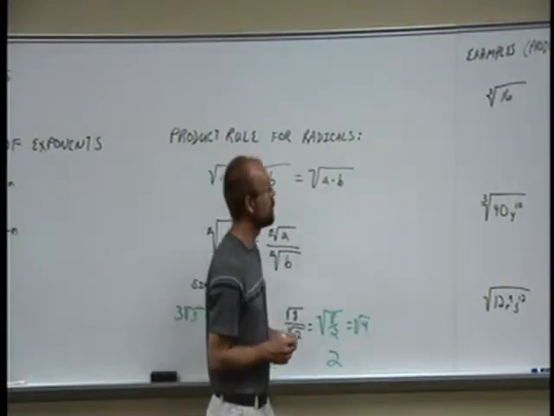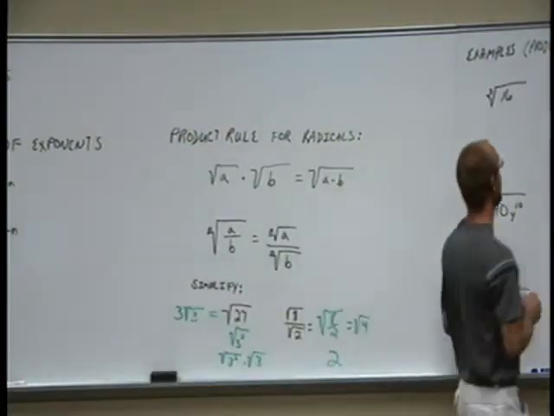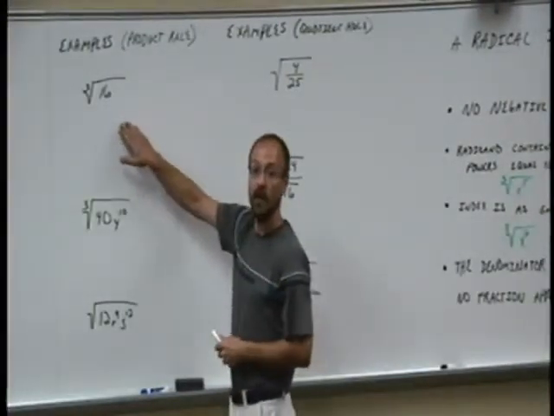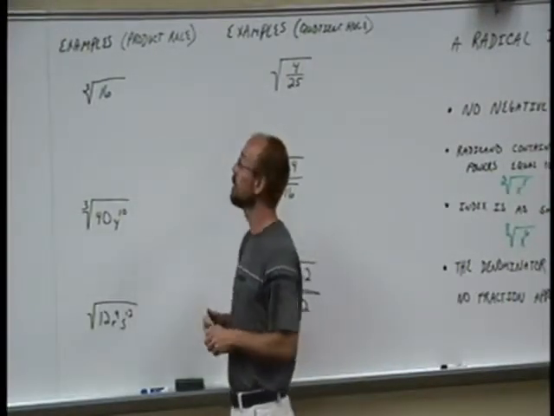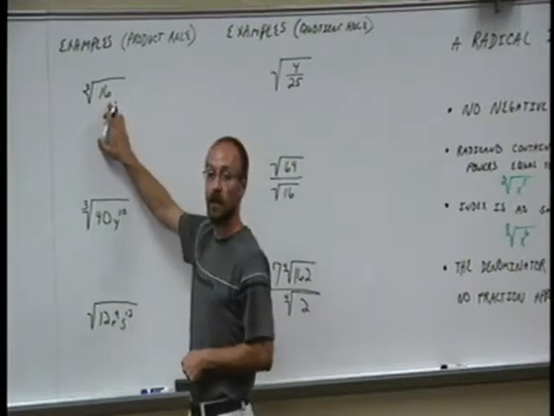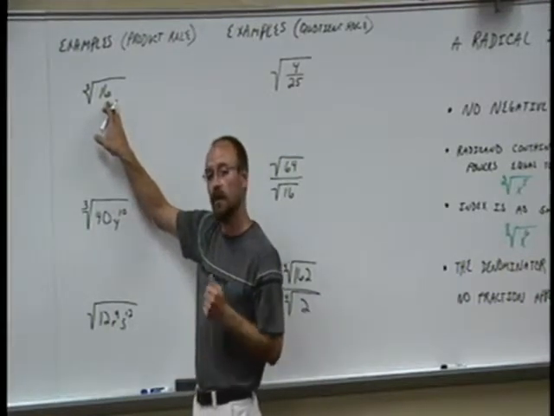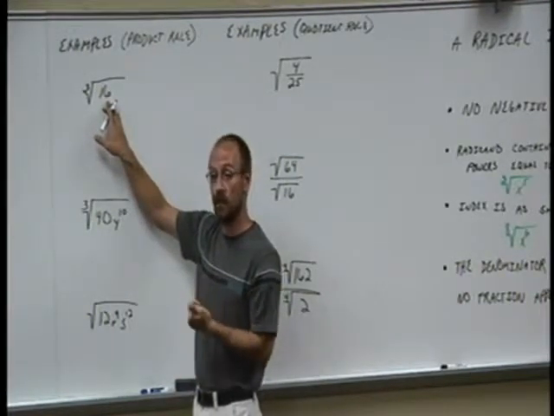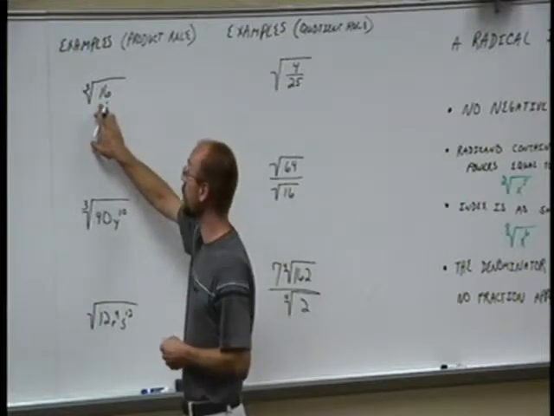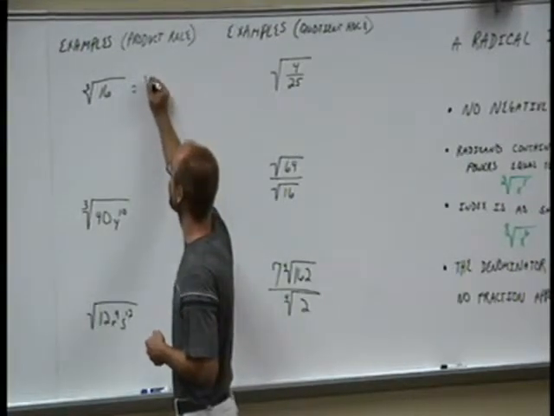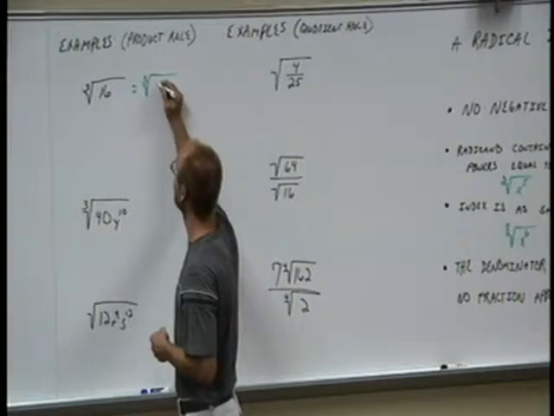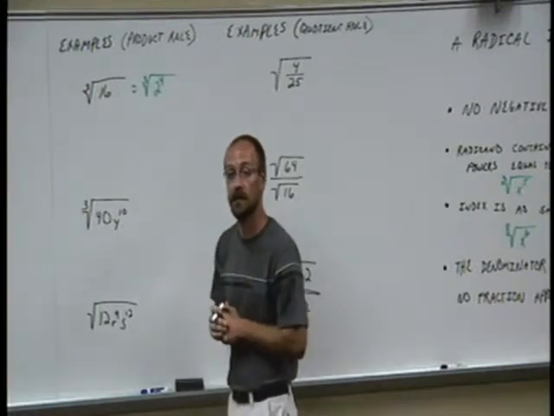Let's look at some examples for our product rule here. We have the cubed root of 16. Well, 16 we can recognize as 4 squared, but it's also 2 to the 4th power. So this is a perfect 4th power number. So let's just rewrite it. The cubed root of 2 to the 4th power. That's the same thing as 16.